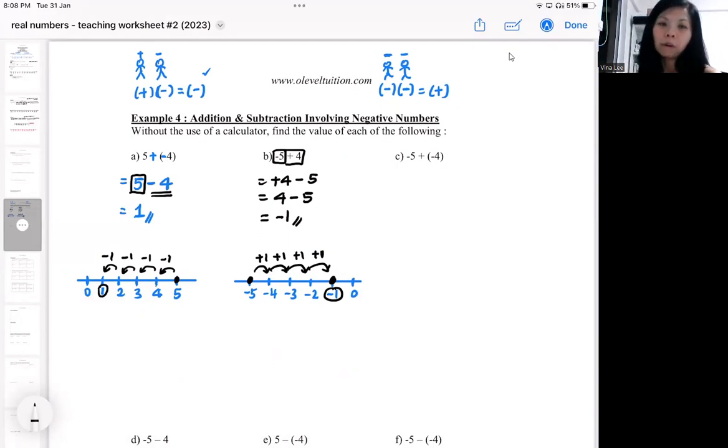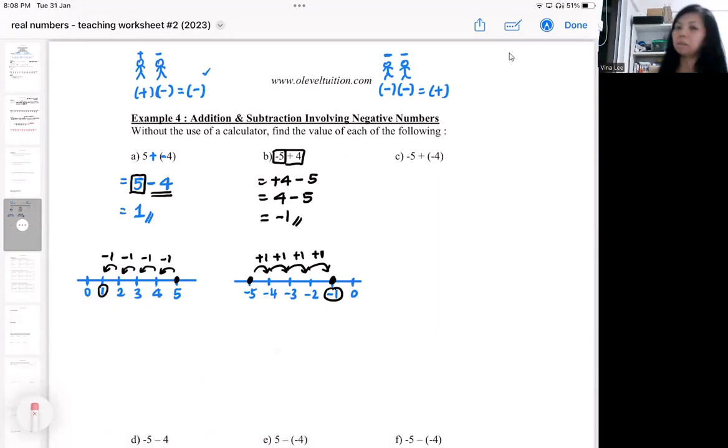The +4 has an invisible sign. Any whole number actually has an invisible sign. So if I give you a 10, it's actually a +10. If I give you 50, it's actually a +50. So there is an invisible sign with all the whole numbers.